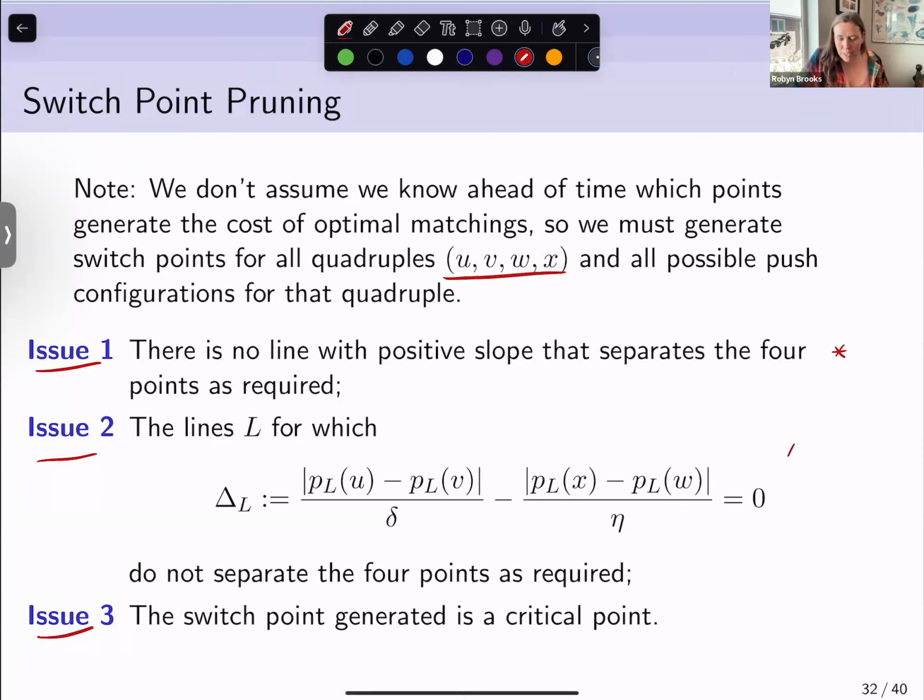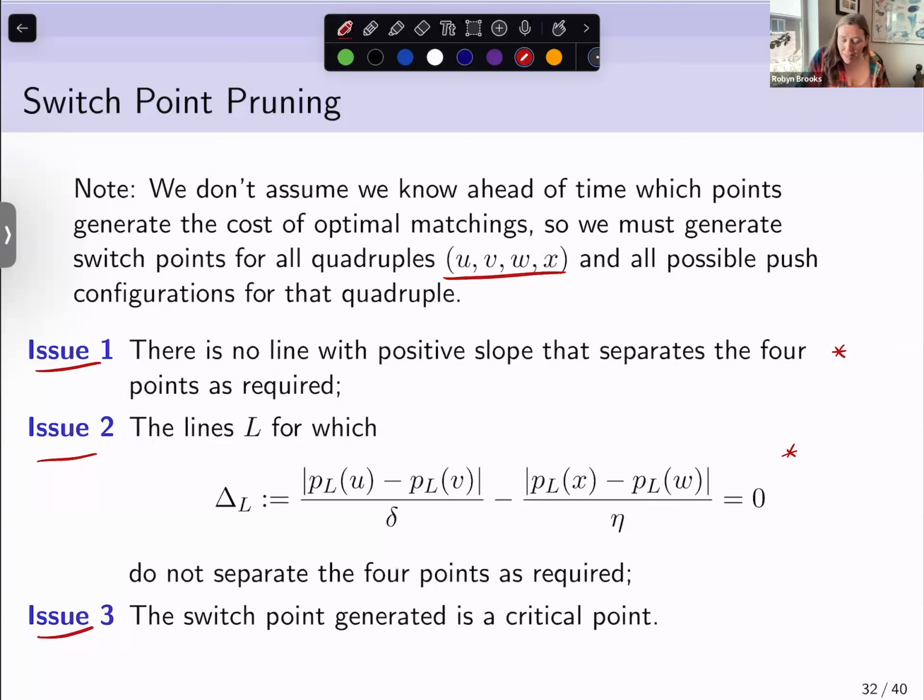The second issue is related, but a little more subtle. Issue 2 is when you do in fact have lines with positive slope that separate your quadruple in the way you want, but none of those lines pass through omega, meaning none of those lines actually have the property that the cost of the matching that generated these points is equal.